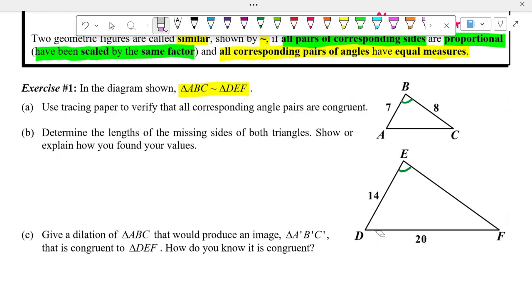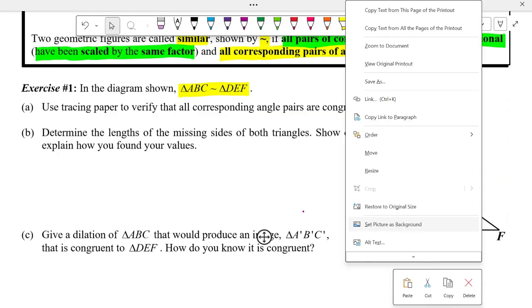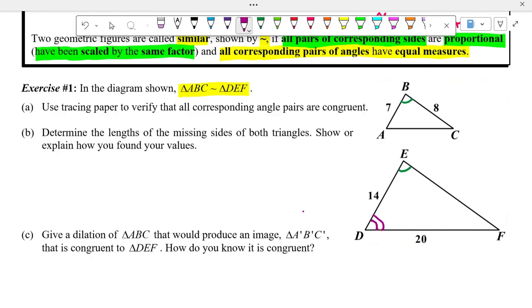EDF. I want to do this with a different color. Oops. So EDF and BAC, which means our last set is BCA and EFD. Now, I'm marking them congruent because they are, in fact, congruent.